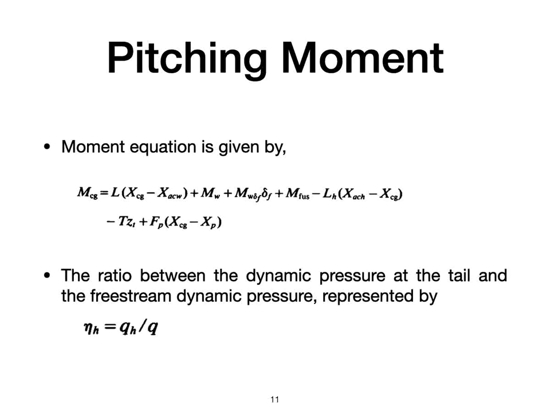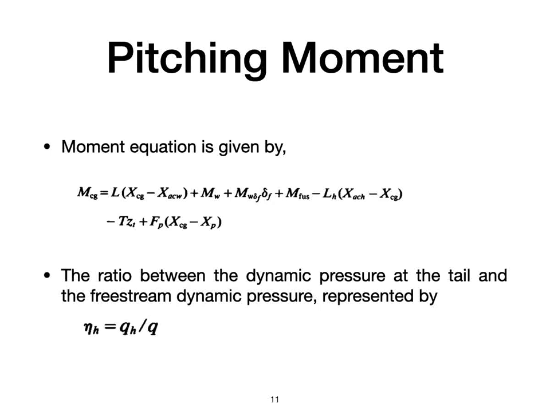The moment equation is given by Mcg, the moment at the center of gravity, equal to L times (xcg minus xacw) plus Mw plus Mw delta f times delta f plus the moment of the fuselage minus LH times (xr minus xcg) minus Tz1 plus Fp times (xcg minus xp).